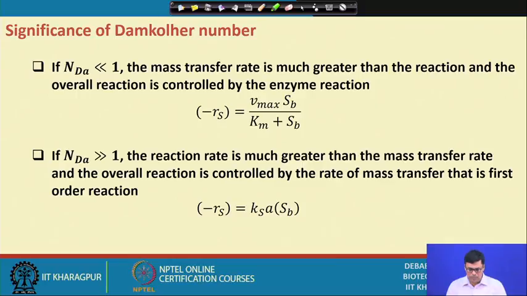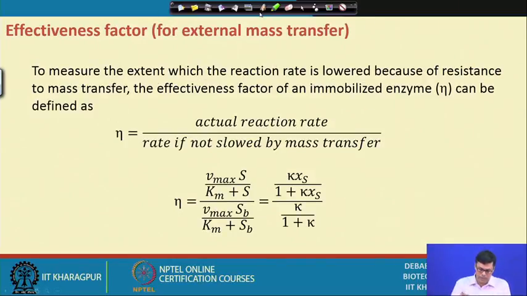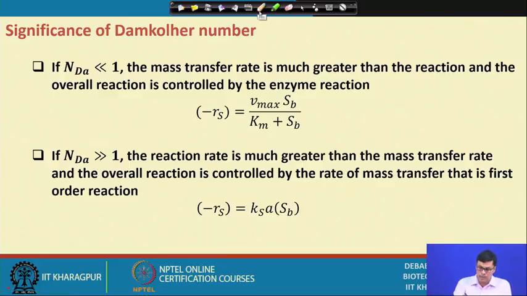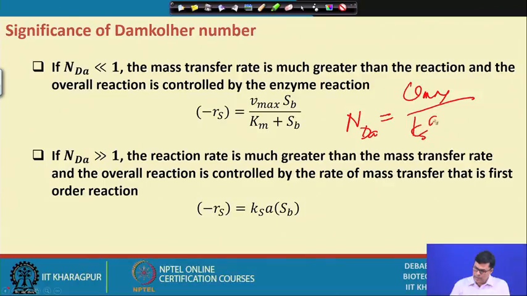Let me tell you what the NDA is: NDA equals Vmax by Ks A Sb, that is, the maximum velocity of reaction by the maximum rate of mass transfer.